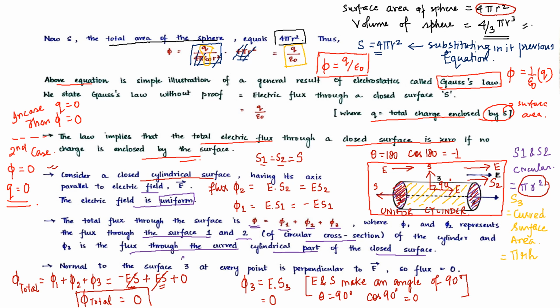The normal to surface 3 at every point is perpendicular to E. Hence the flux from surface 3 is 0.